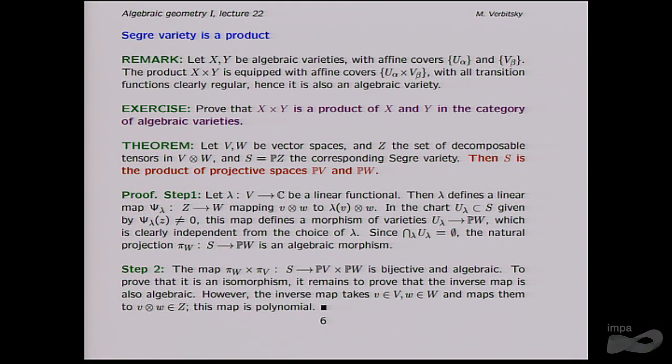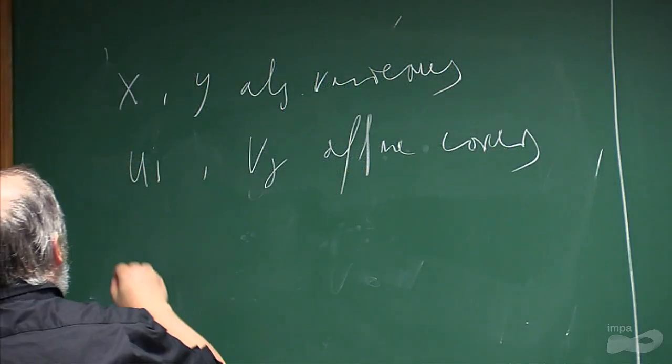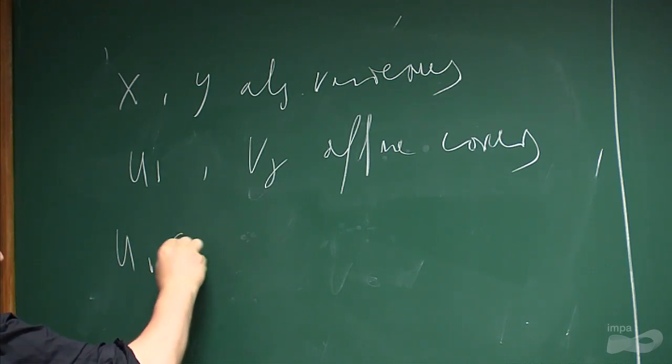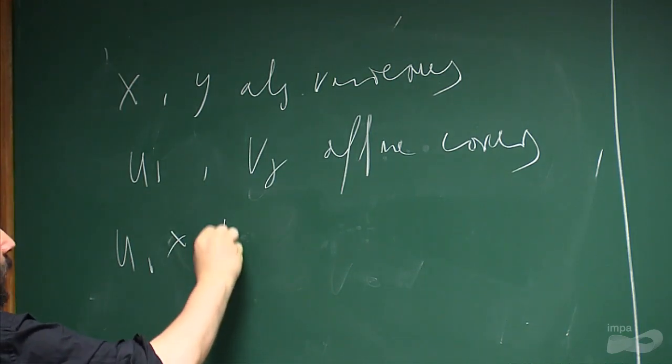Okay, in fact, you can extend this construction to the category of algebraic varieties. If you have X and Y algebraic varieties, you take U_i and V_j, affine covers of these two varieties, so certain finitely generated rings over C. Then you take U_i times V_j, the tensor product.